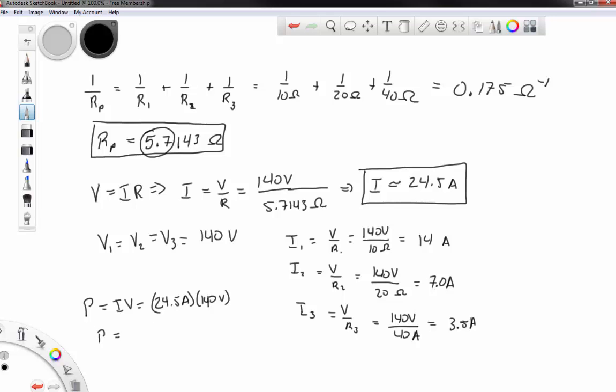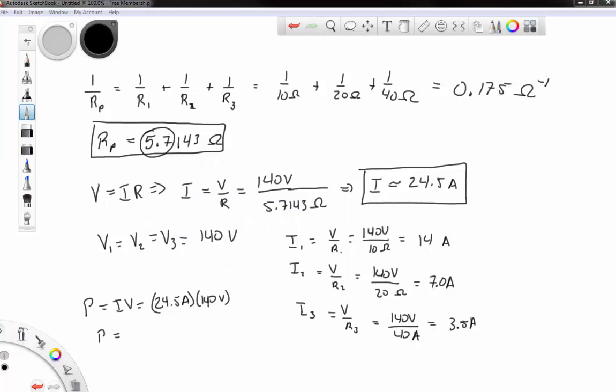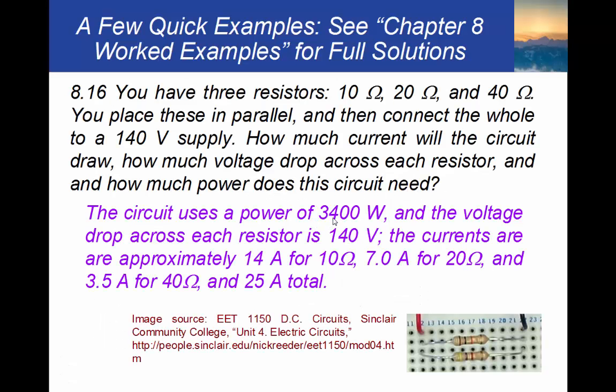So the total power draw is going to be this times 140, which should be 3400. Okay, so 3430 watts, and of course this is two significant figures again, so there is our power draw. So 3400 watts of power.